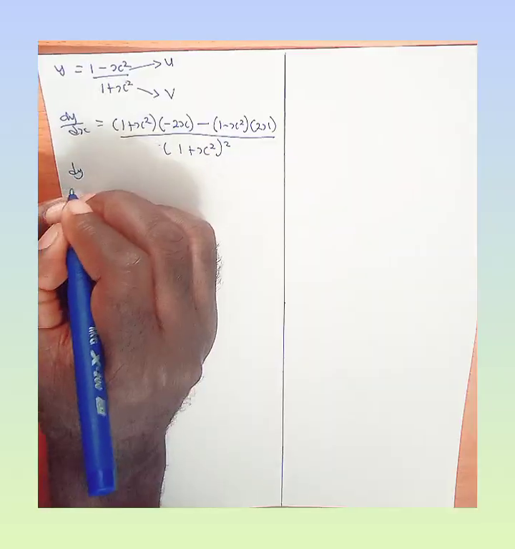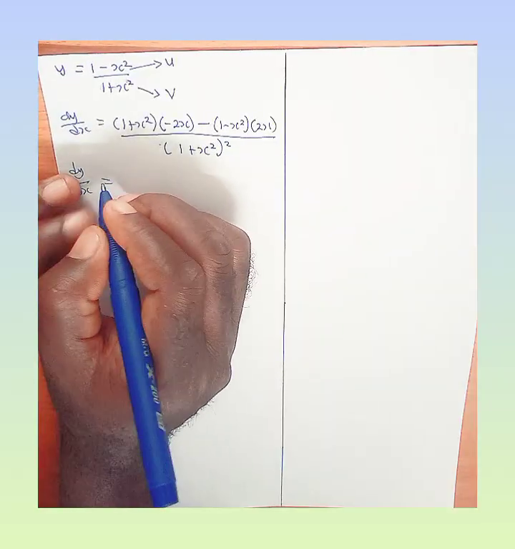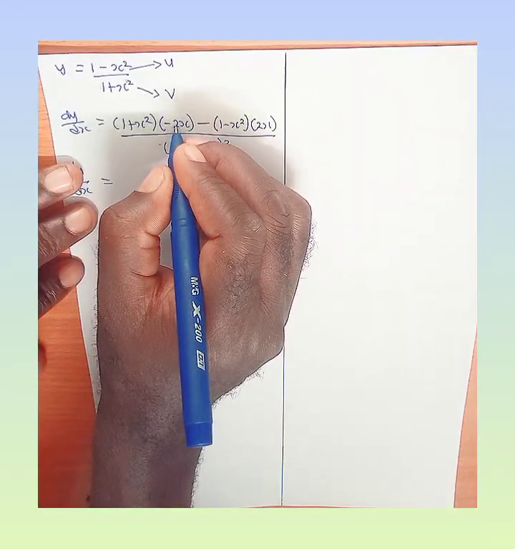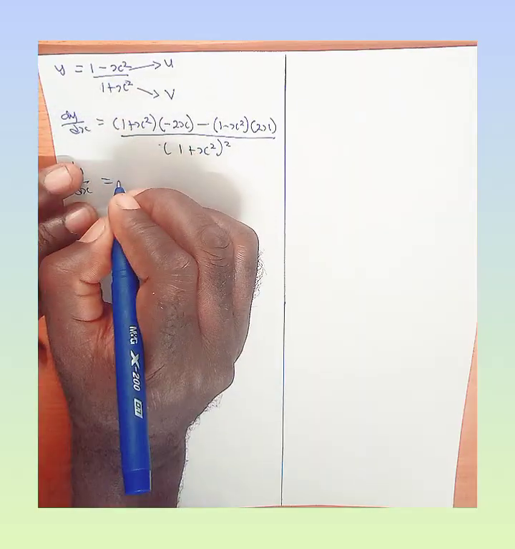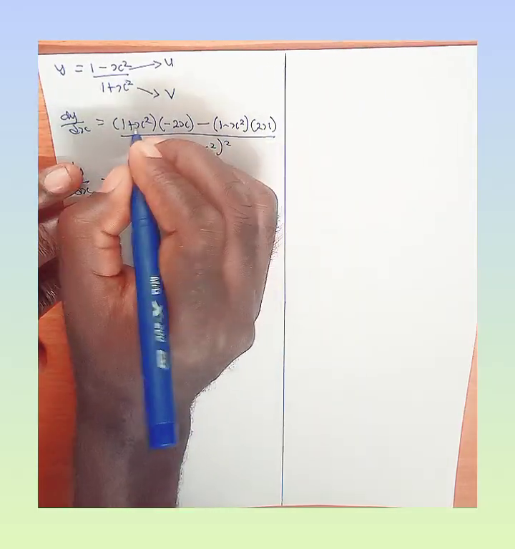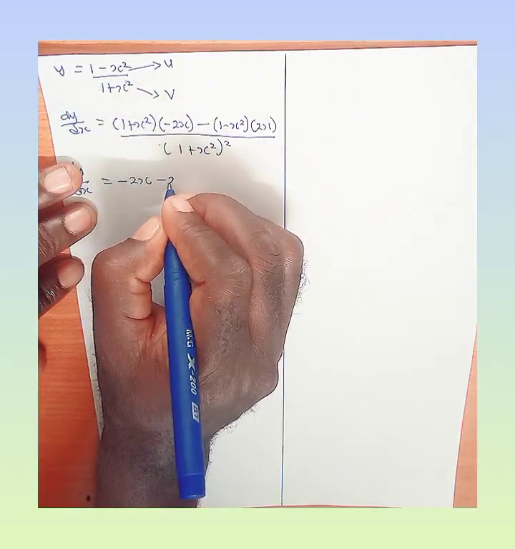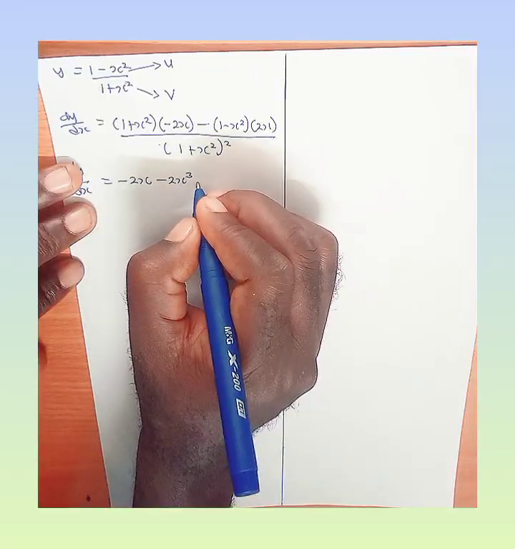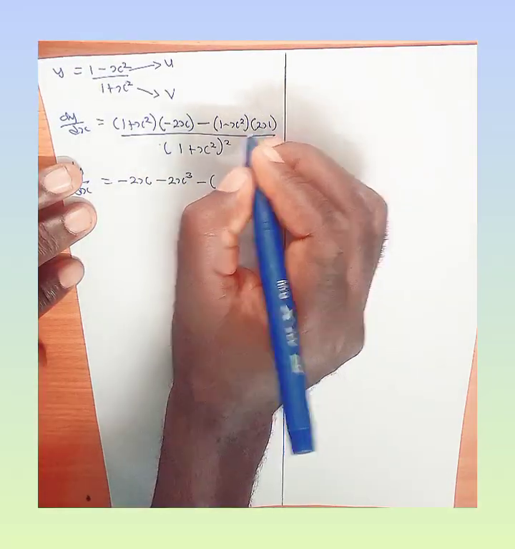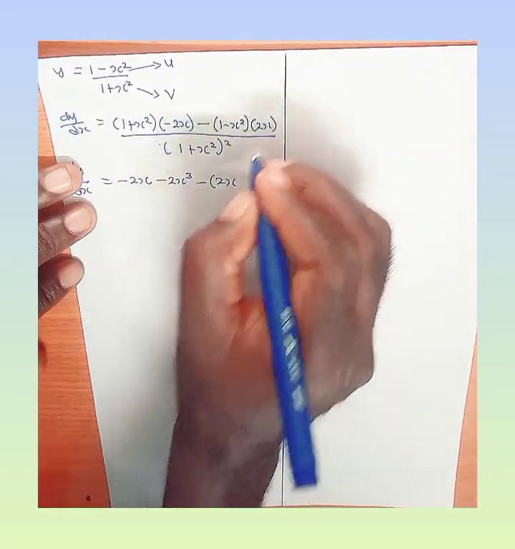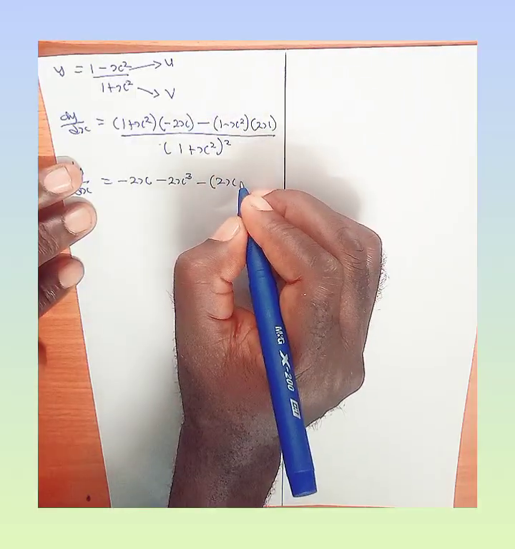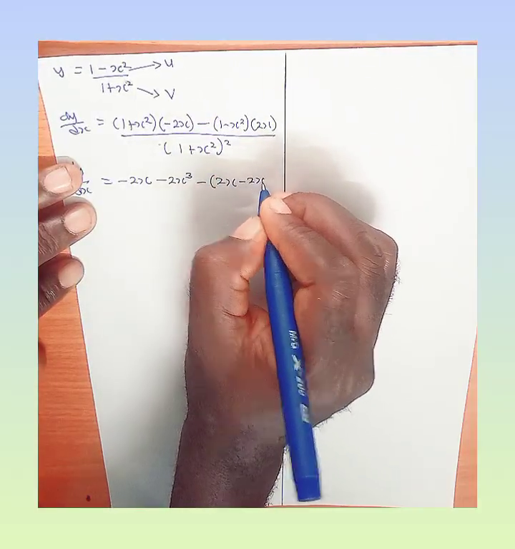We have dy/dx is equal to, now when we open this, minus 2x times this is minus 2x. Minus 2x times x squared, this will be minus 2x cubed. Then we have minus into 2x times this, we have 2x. 2x times minus x squared, it will be minus 2x cubed.